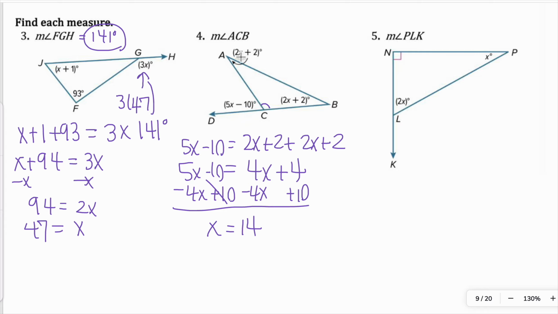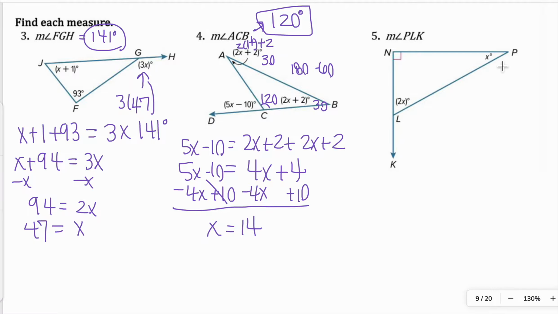So for ACB, I would have 2 times 14 plus 2, or 28 plus 2, which is 30. So this is 30, this is 30, which means these two would be 60. So 180 minus 60 is going to give me 120 for ACB.